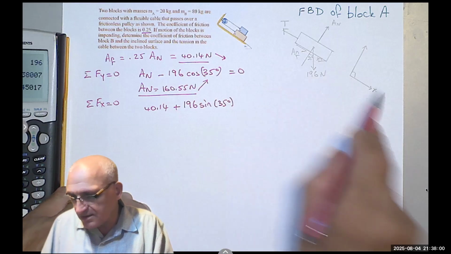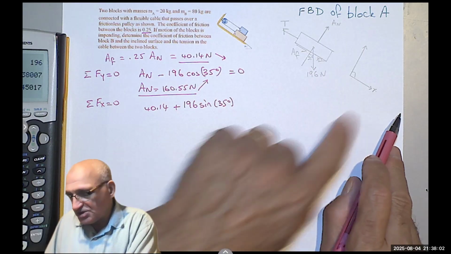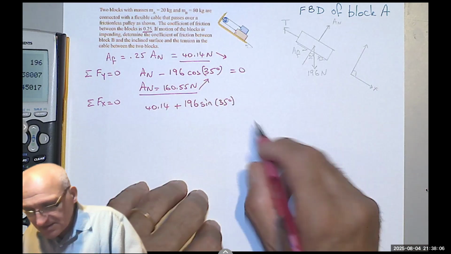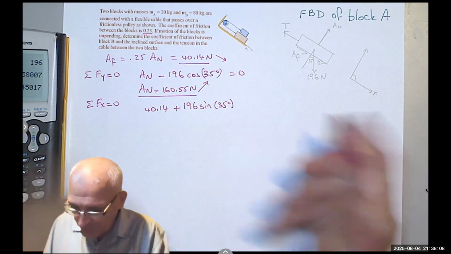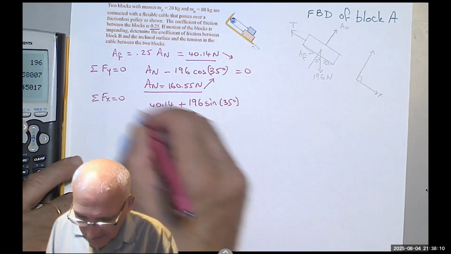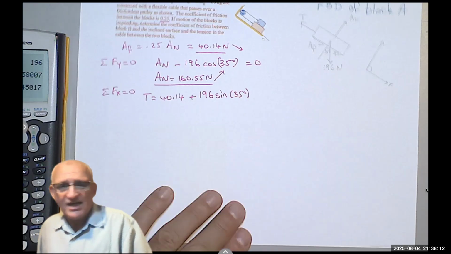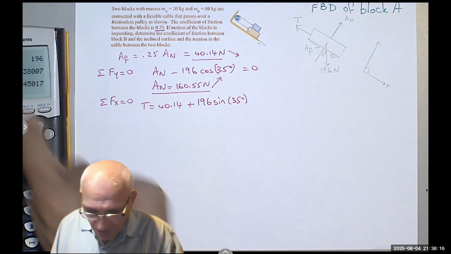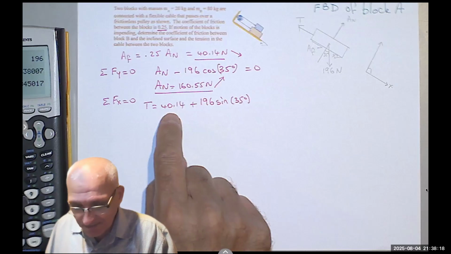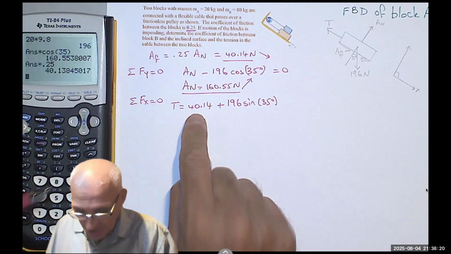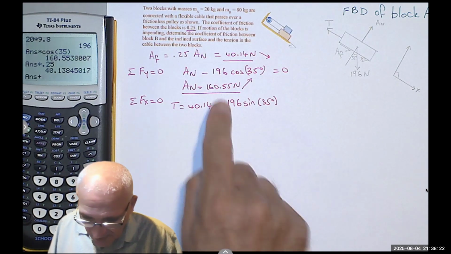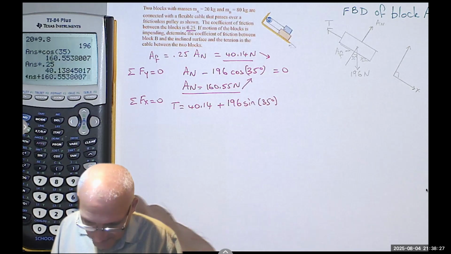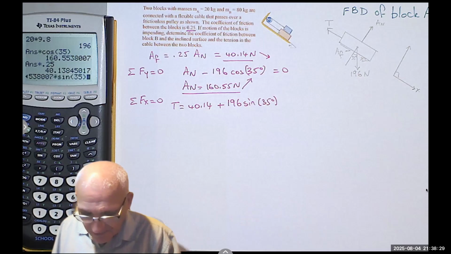Both of those are pointing to the right, which is the positive x. The T is going to the left, so minus T equals 0, or if I add T to both sides, I can say T equals that. I just moved it, so we don't have to write it twice. So here is the 40.14. I'm going to add to it 160.55 times sine 35.